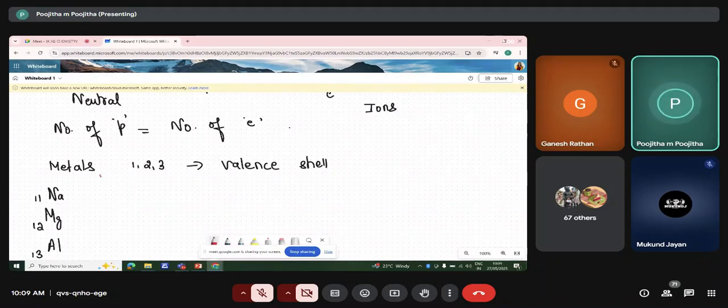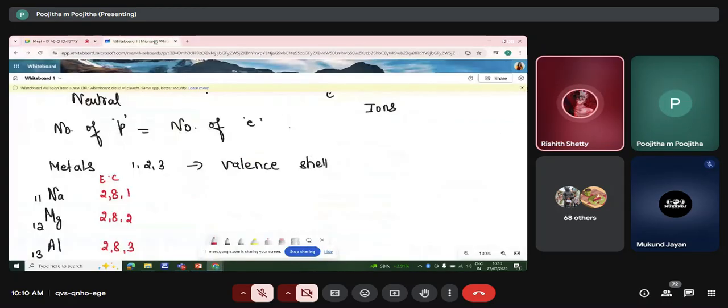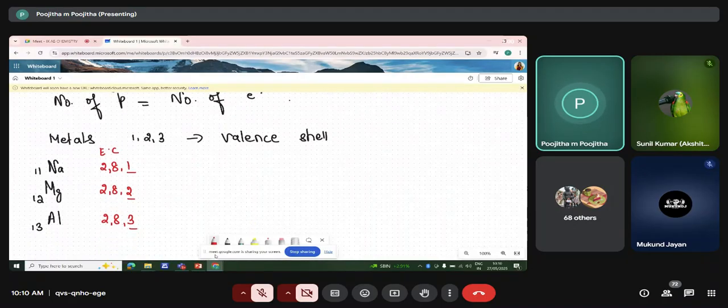I'm writing their electronic configuration here. Sodium is 2,8,1, magnesium 2,8,2, aluminium 2,8,3. So metals generally have 1, 2, or 3 electrons in their valence shell.